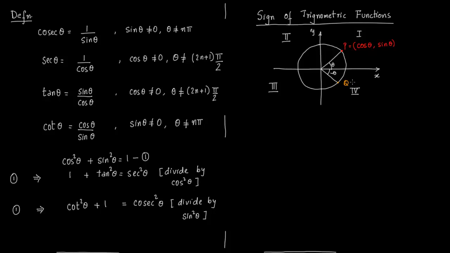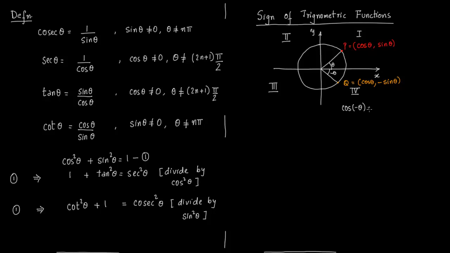Now for point Q, the x coordinate is positive, so the x coordinate is cosine theta. What is the y coordinate? The y coordinate is negative because, as you see, point Q lies in the fourth quadrant, and the y coordinate is given by sine theta. Since it is negative, you put minus sine theta.